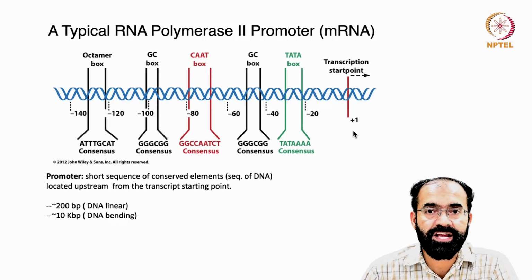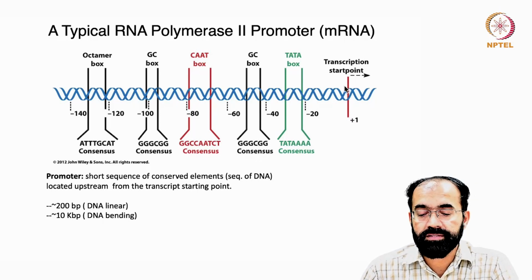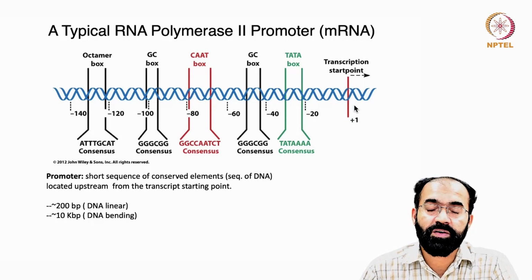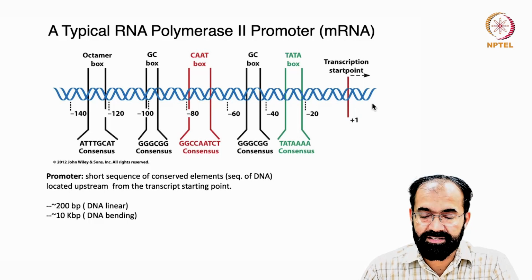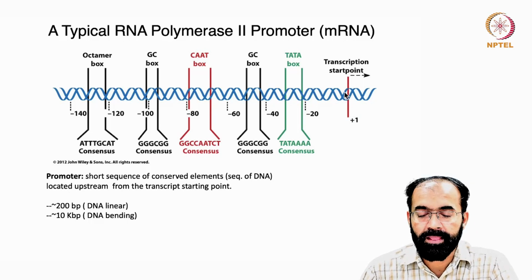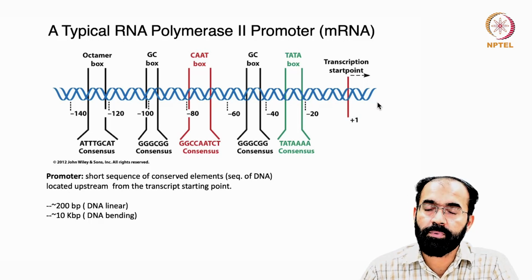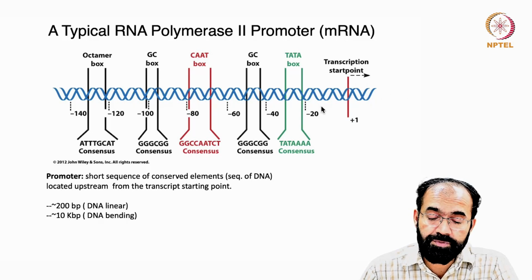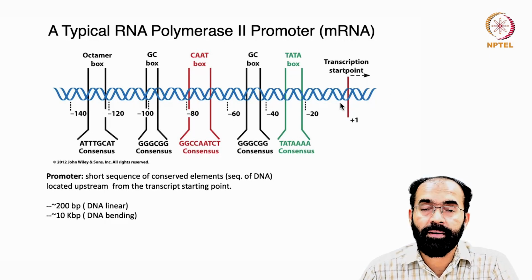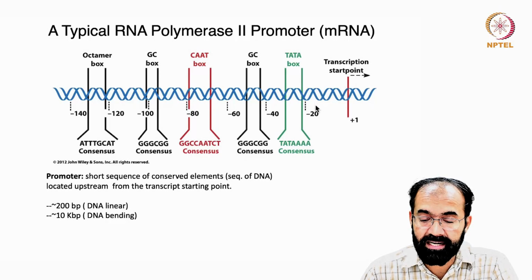That is the first base of the RNA, on this picture of the DNA, the first base of the RNA encoded on the template strand. So that is +1. Downstream of that you have +2, +3, +4 like that. Upstream of that you have -1, -2, -3 like that.